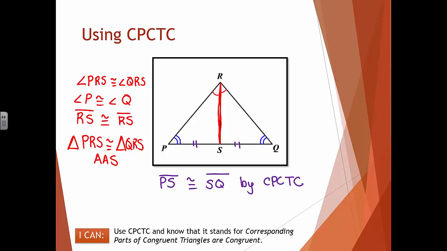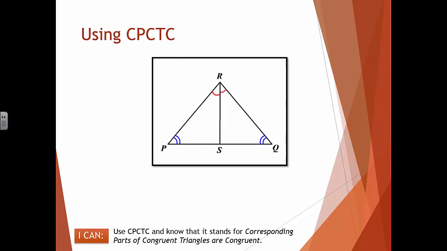I could also say that this angle is congruent to this angle by CPCTC. And I could say that this side is congruent to this side by CPCTC. So we can say additional things are congruent after we've proven that the triangles are congruent using corresponding parts of congruent triangles are congruent.